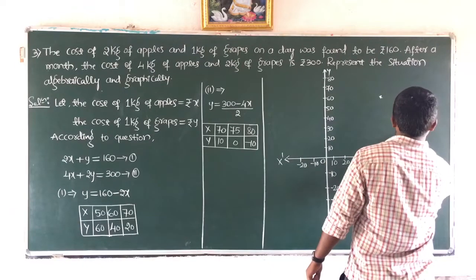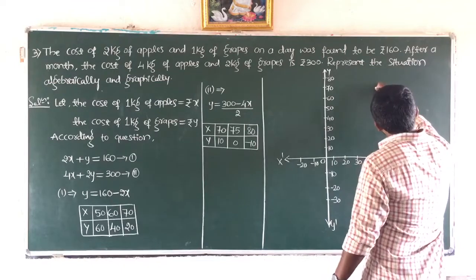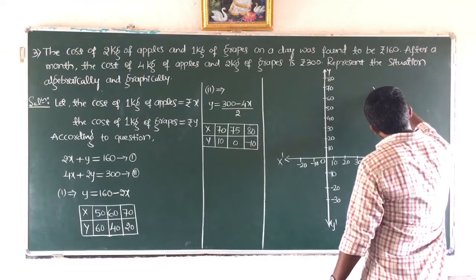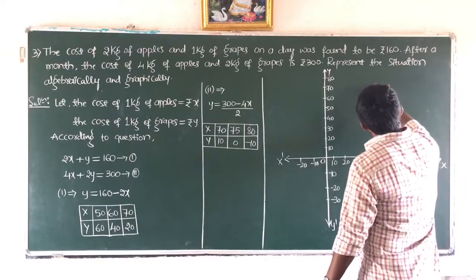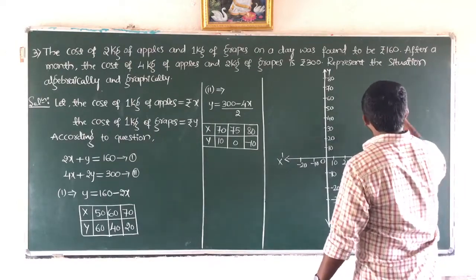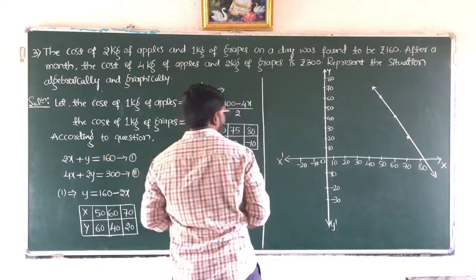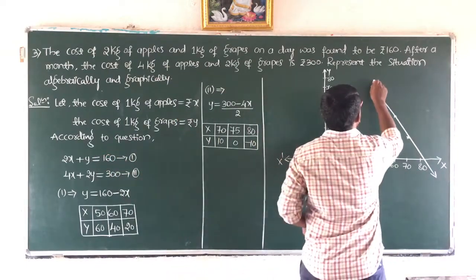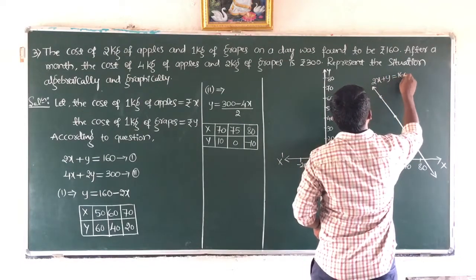So somewhere here. Join these 3 points and we get a straight line. Here we have to write the equation. What is the equation now? 2x plus y is equal to 160.